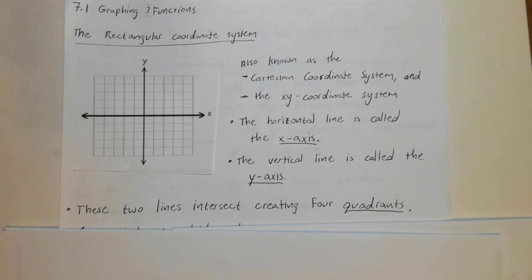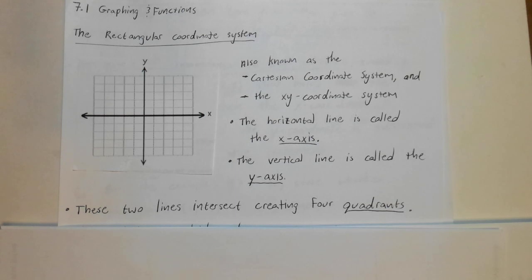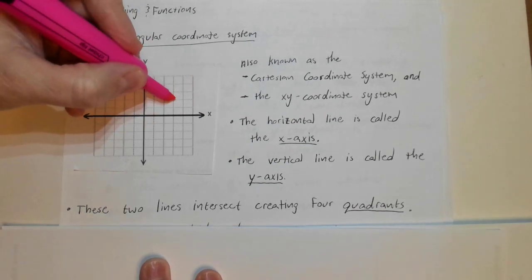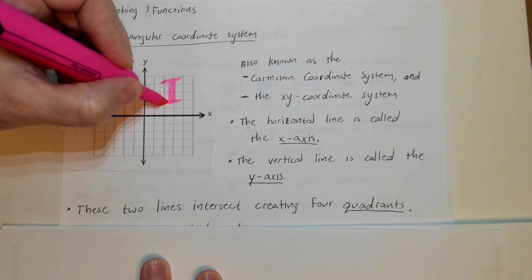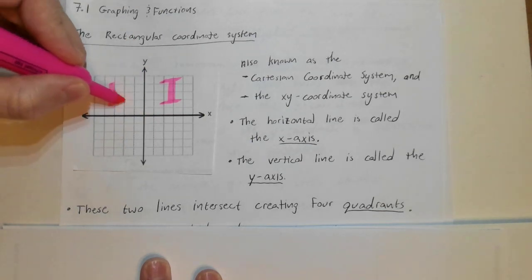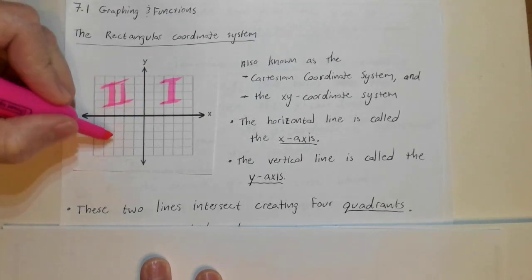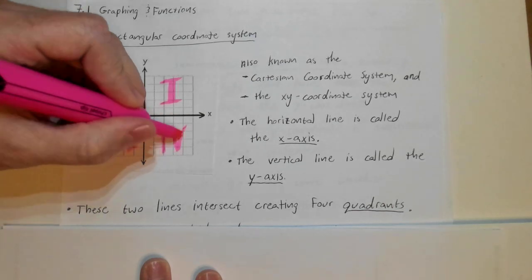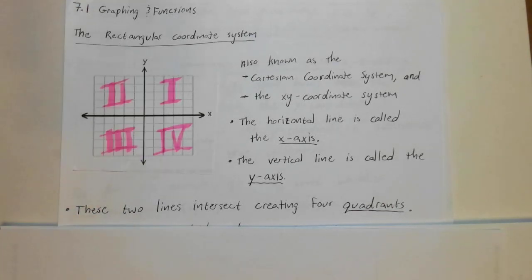These two lines will intersect at a point, creating four quadrants. I'm not sure we're going to need the quadrant labels in this class, but if we need them, this is how these quadrants are labeled. Okay, 1, 2, 3, 4.